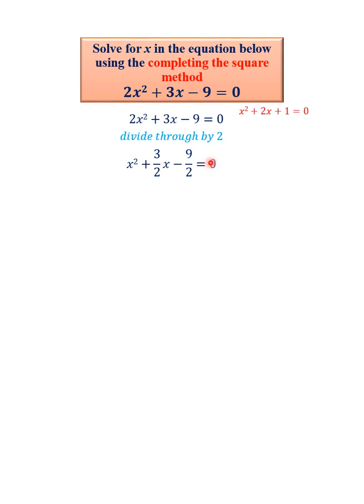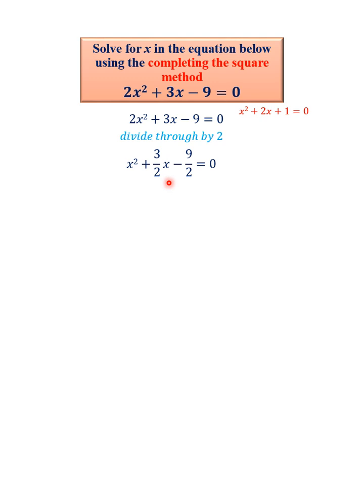In other words, if you have a question like this, x squared plus 2x plus 1 equals 0, the leading coefficient here is 1, so feel free to continue solving your problem, because if you divide through by 1, you are still going to get the same thing. But in this case, we needed to make sure that the 2 is out of this coefficient to become x squared. Now, from here, we can solve further.